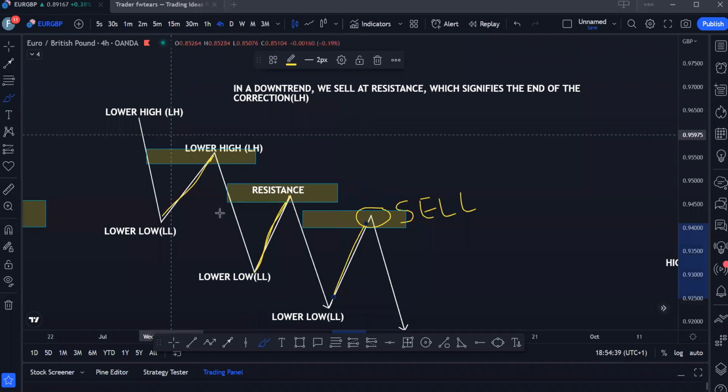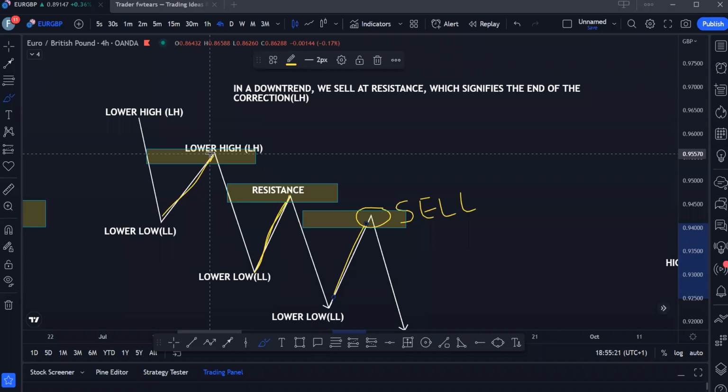So in a downtrend, we sell at resistance, which signifies the end of the correction. So in a downtrend, you want to wait for price to correct itself first, and then you want that correction to get to a resistance zone before you start looking for sell opportunities, because we've established yesterday that we sell at resistance. If you were in yesterday's class, we looked at the charts and saw how price was reacting to resistance.